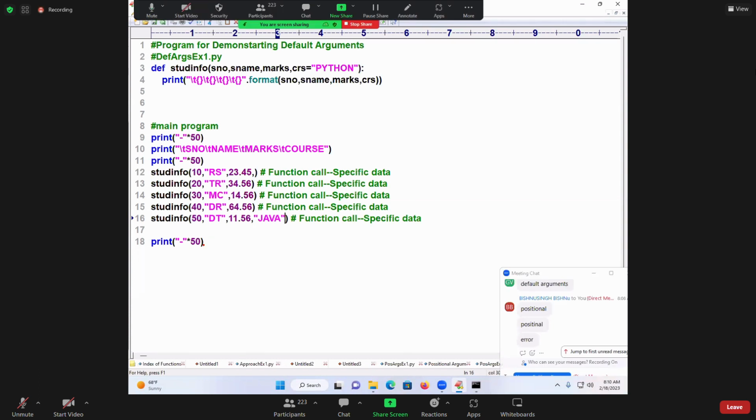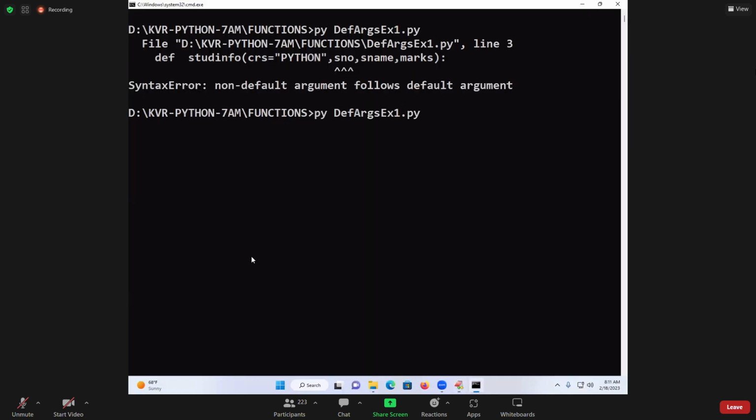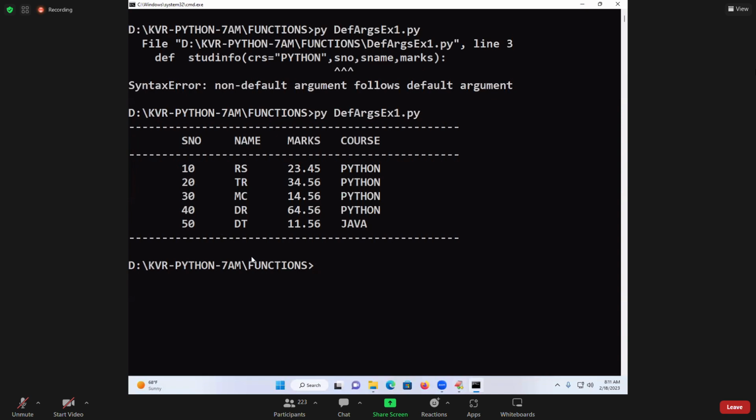This 50 is passing to whom? SNO. This DT is passing to SName. Marks goes to this place. And Java is passing to CRS. No problem. That means for a specific function call, we are passing some specific data. For that function call, CRS, earlier Python, is replaced with what? Java. You try to execute, students, and see whether Java is printed or not.